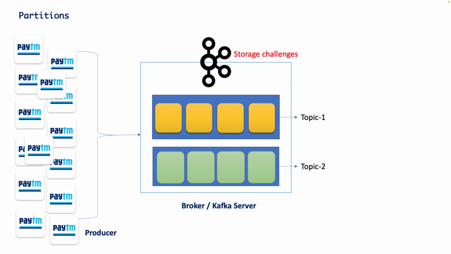Okay, so this partitioning will give you better performance and high availability, because if you observe, we split our topic into multiple partitions. So when a producer publishes bulk messages, each partition concurrently accepts the messages. That will definitely improve the performance, right?